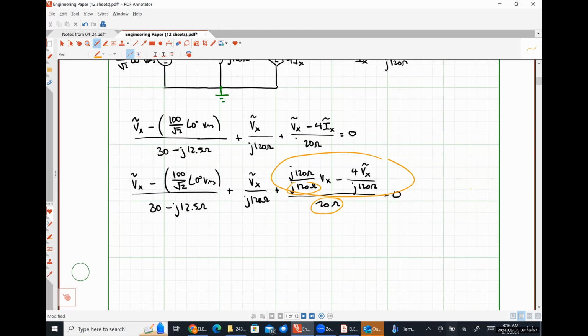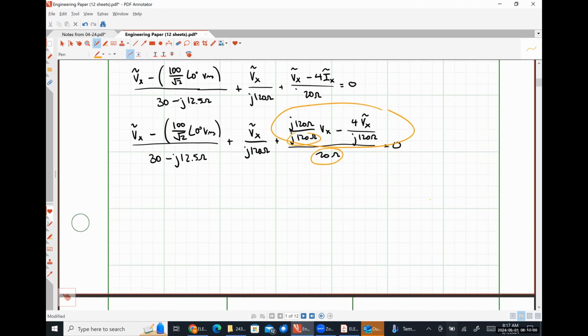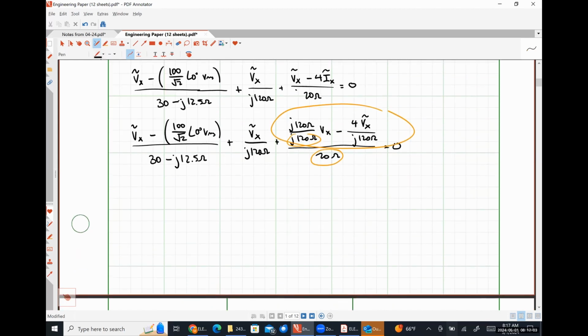So let me move some things around now, right? So let's look at what I'm going to have here. Okay, so I'm factoring out a common factor of Vx, and all of my Vx terms are going to be on the left-hand side of my equal sign. So the first thing that I see is a factor of 1 over 30 minus j12.5 ohms. Then I'll have plus 1 over j120 ohms.